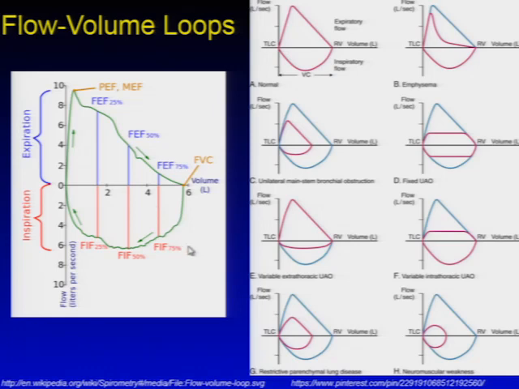Now, you have a schema here, which is quite commonly tested in your exam. Let's go through each one. Number A at the top is the exhibition of the normal: a rapid increase of the flow and also a steady decrease of the flow in the expiratory phase, and then just a steady shape of the inspiration.